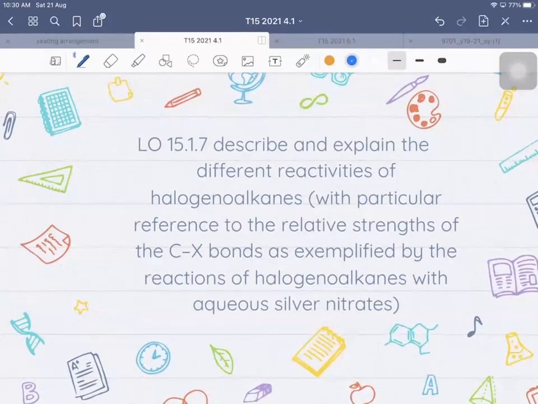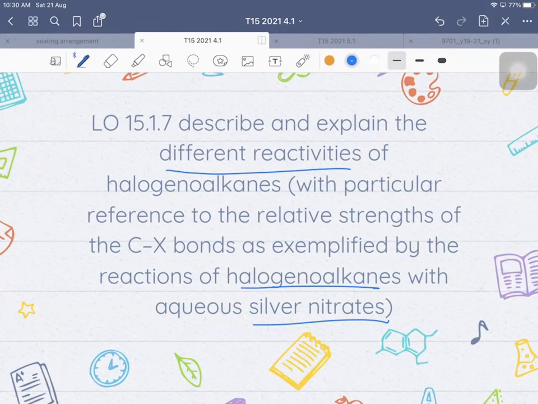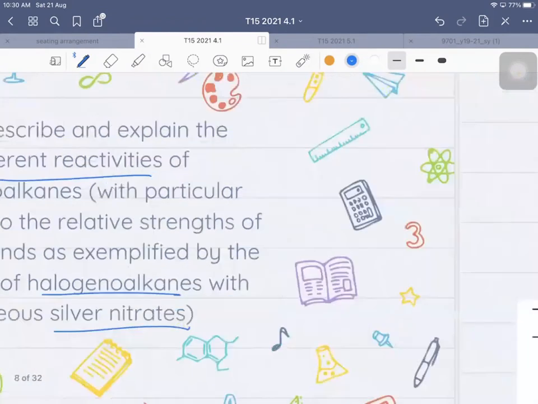So the next learning objective, we want to look at the different reactivities of halogenoalkanes, using the reaction of halogenoalkanes with silver nitrate. There are a lot of things in this learning objective, but I'll break it down into different things first.